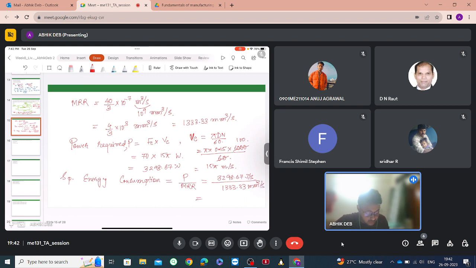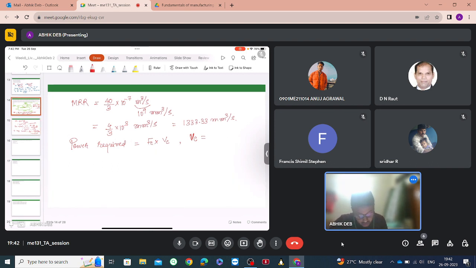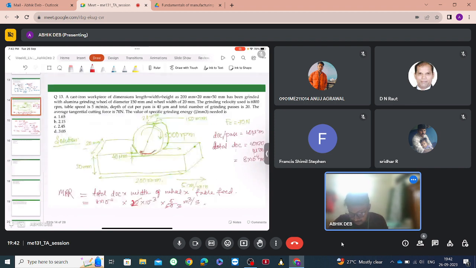So it will give a value in joule per millimeter cube, which is 2.47 joule per millimeter cube. So the correct option here is option C.